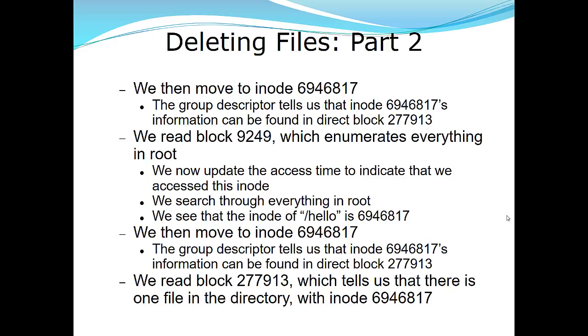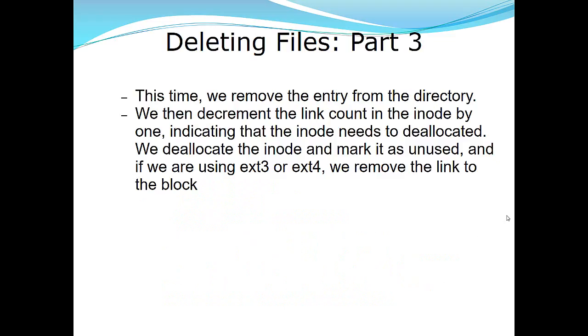I'm going to skip the next two bullet points because they're duplicates. Lastly, we read block 277913, which tells us there is one file in the directory with inode 694.6817.